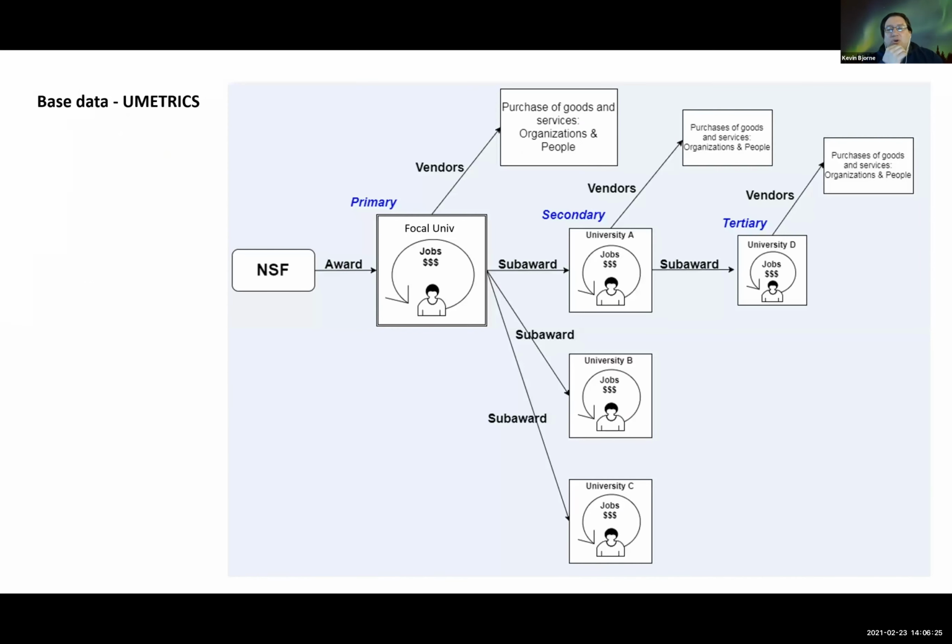So just to give you a little idea of how the process works, this diagram right here is just a really quick generalization of the types of data that we receive and then how we use it. So in this example right here, an award is paid to a university from the National Science Foundation, and that money is then used to conduct research on the campus.